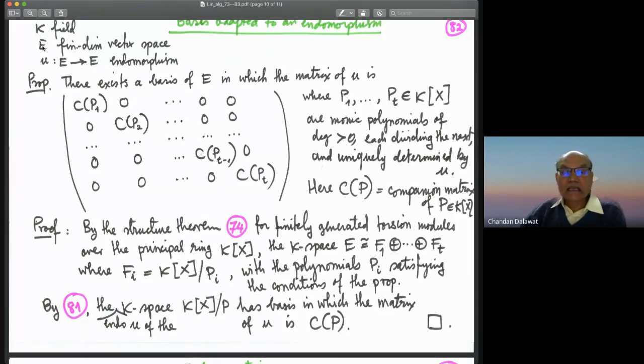You make this E into a K[X] module by making capital X act through this endomorphism U, and then it's a torsion module over this K[X], so it has to have that structure, and so on, right?